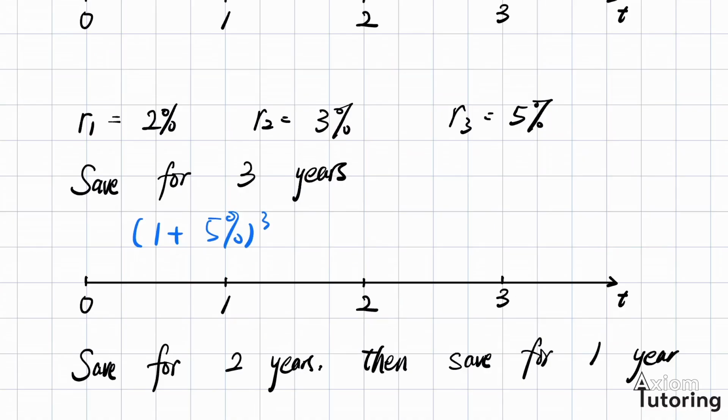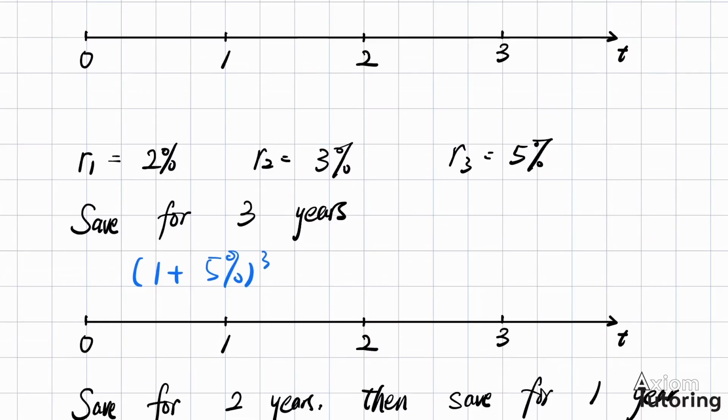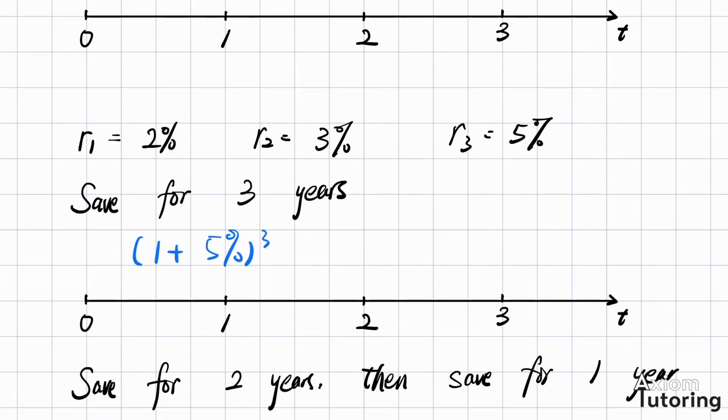So the question is, what will be the appropriate interest rate from year 2 to year 3 if I make a commitment right now? Okay, so that future interest rate that you'll be quoted right now is basically the forward rate here. So we already have the 2-year spot rate given here as R2, which is 3%. So we're just going to need the forward rate from year 2 to year 3.